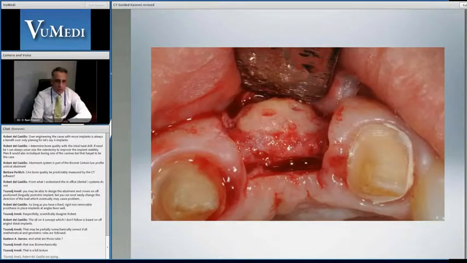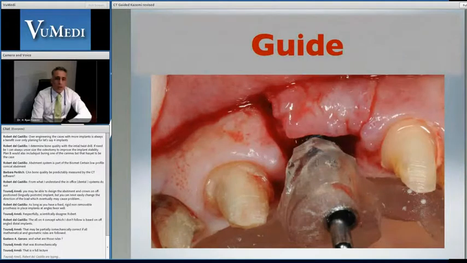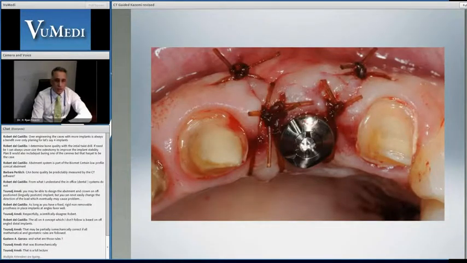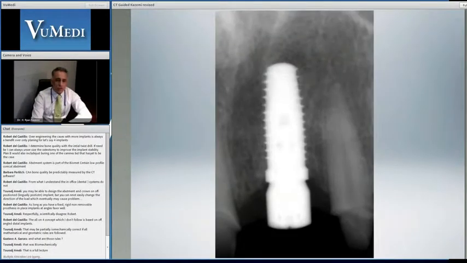Here is on the day of surgery. The fixation screws are removed. Our tooth-borne guide is placed, and we're going to prepare the site exactly as we predicted on the 3D images. The implant is placed and allowed to heal for about 3 months in this case.